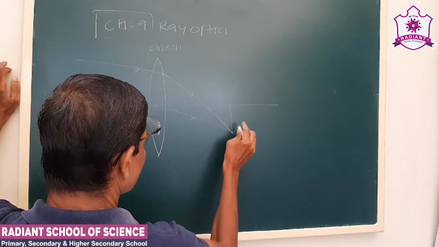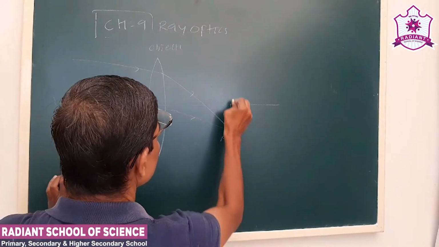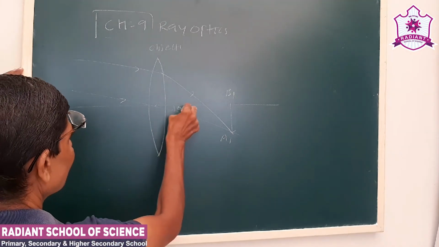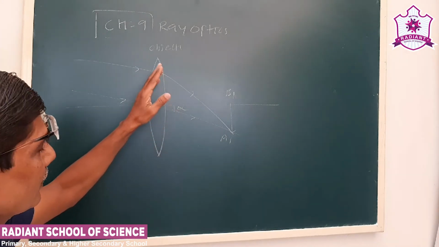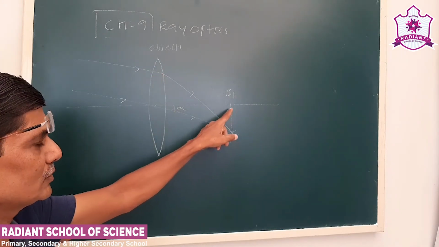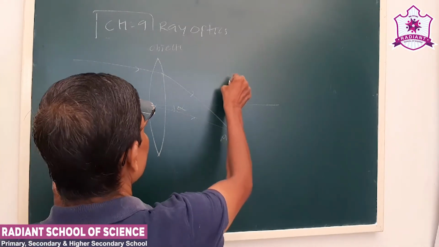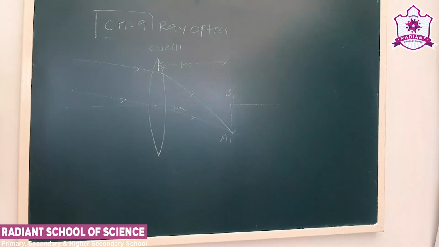Now let us say A1 B1 is the image formed by the objective. The angle subtended by the first image formed by the objective is alpha. Here the image is formed at the focus, so that distance will be F0.